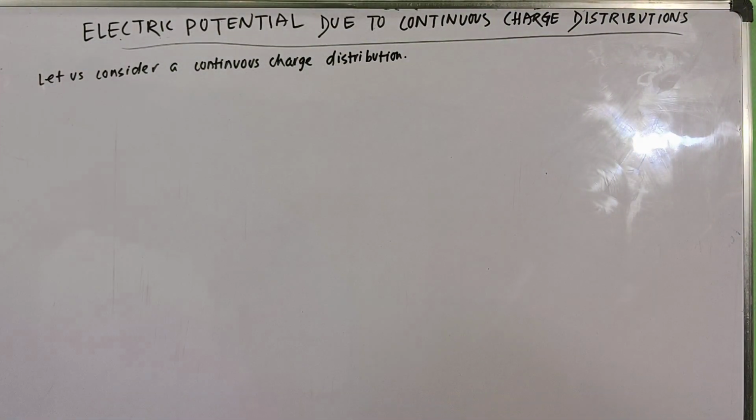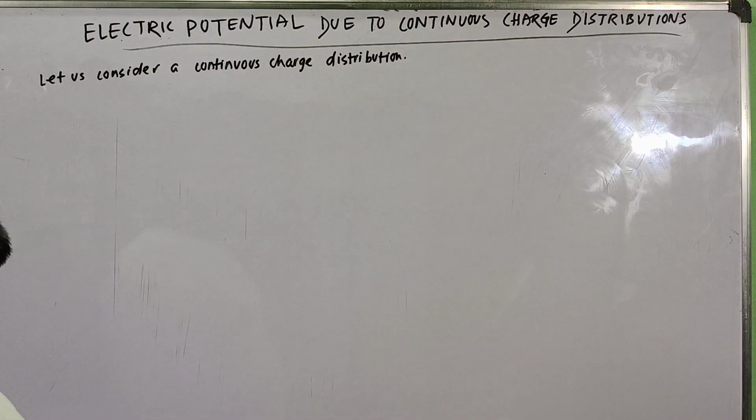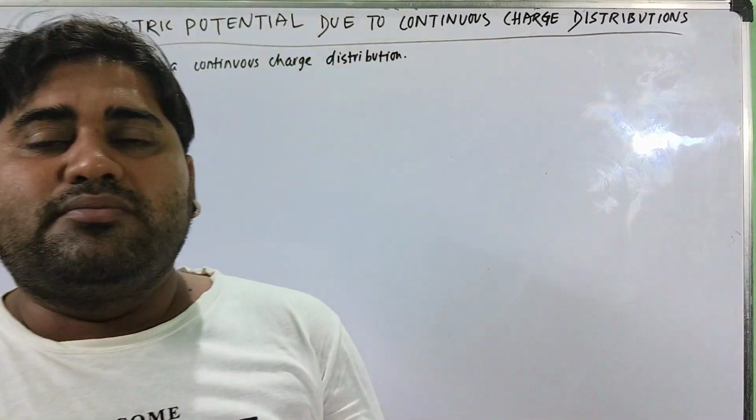So we are going to calculate a general formula, that is, let us consider a continuous charge distribution. That charge is distributed over some space.